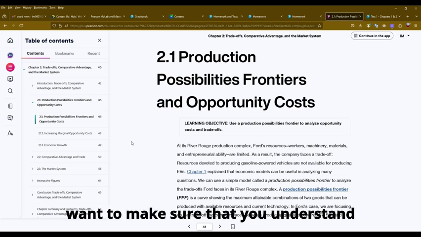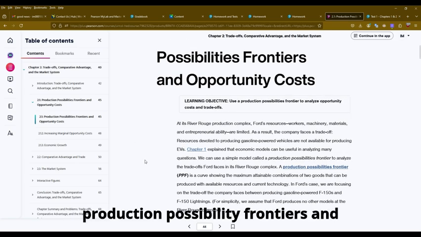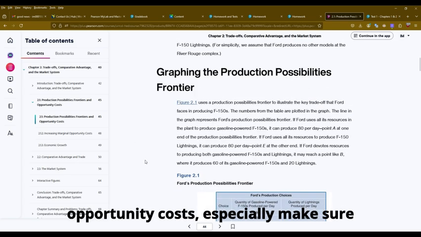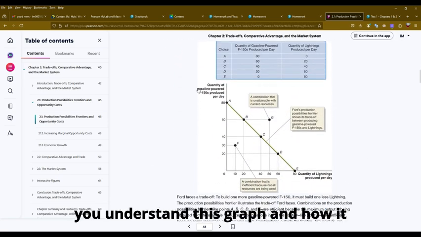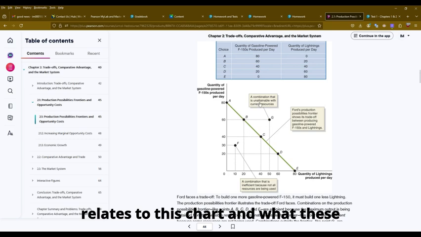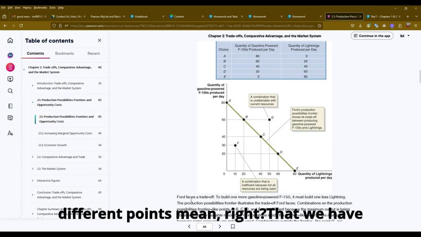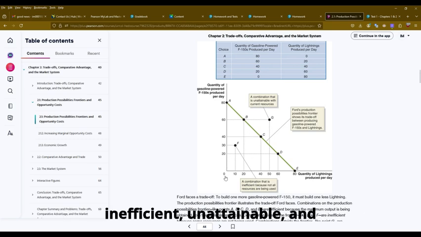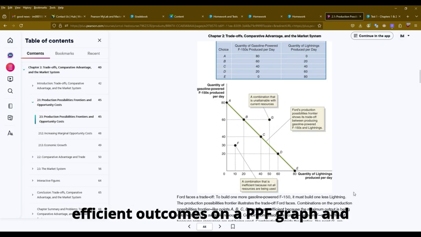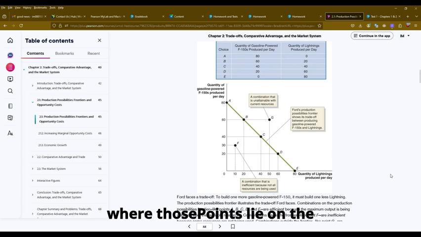So definitely make sure that you understand production possibility frontiers and opportunity costs, especially this graph and how it relates to this chart, and what these different points mean, right? That we have inefficient, unattainable, and efficient outcomes on a PPF graph, and where those points lie on the graph.